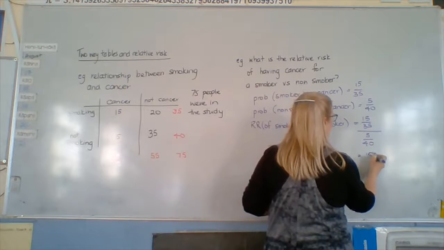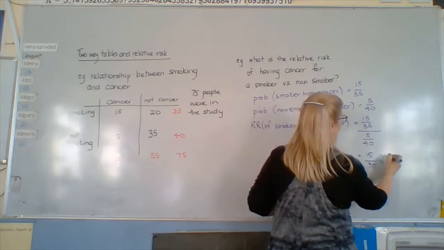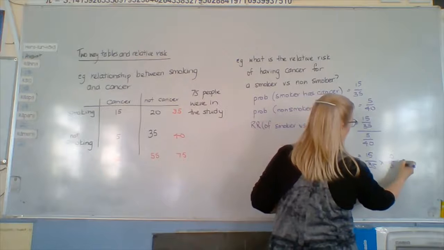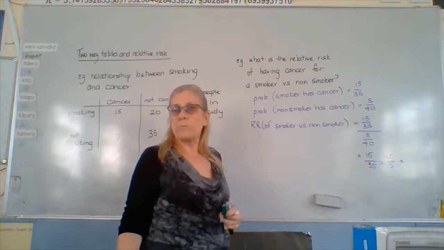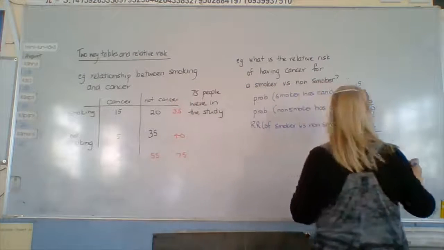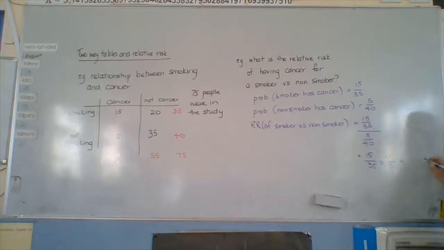So it's 15 over 35 times 40 over 5, which is 24 over 7. Can you give me a decimal? 3 point, not quite 5.